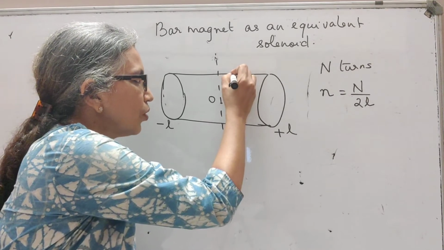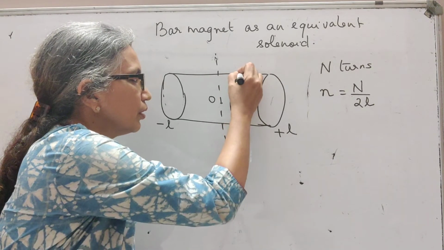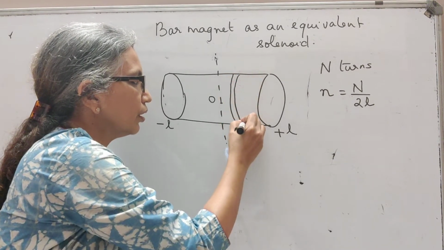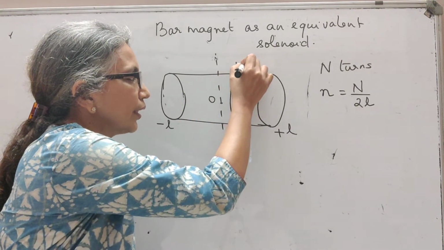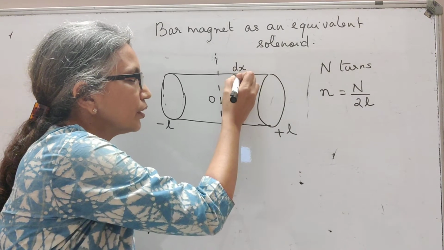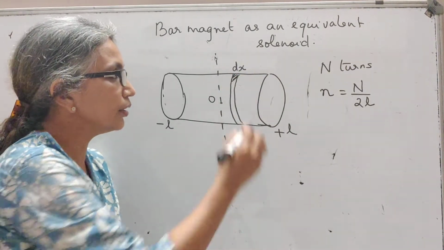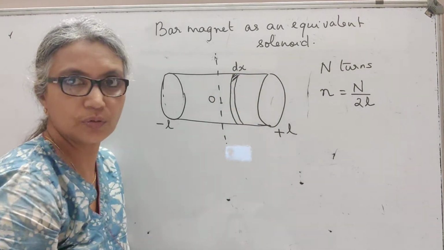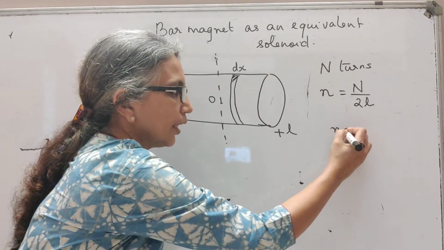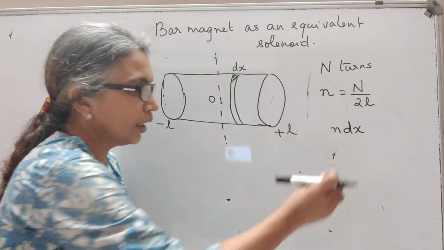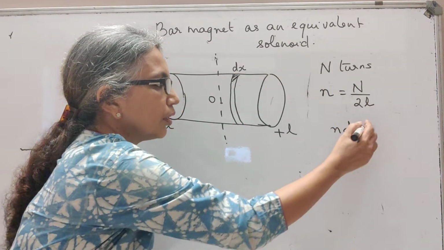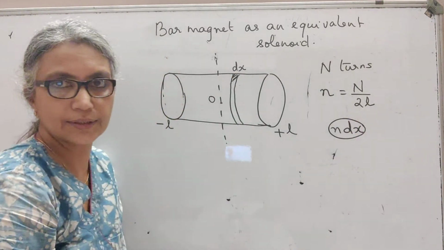Now if I take a very small section of the solenoid whose width is just dx, then the number of turns in this much width will be n dx, right? Because n is the number of turns in unit length. In a length dx, the total number of turns has to be n dx.